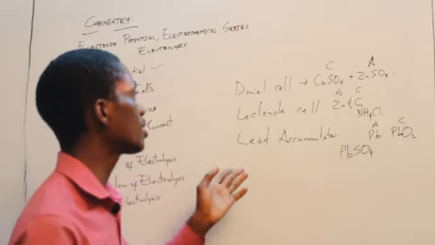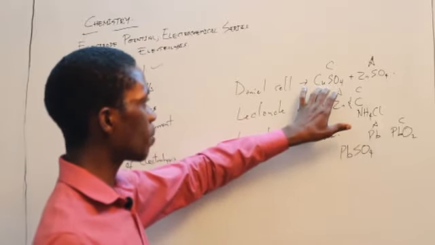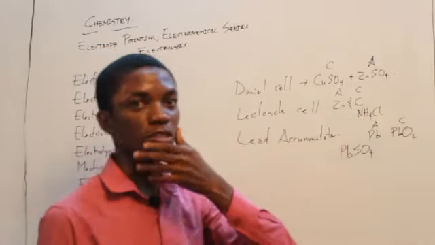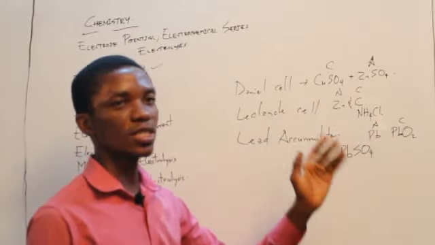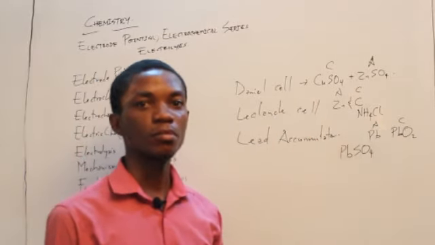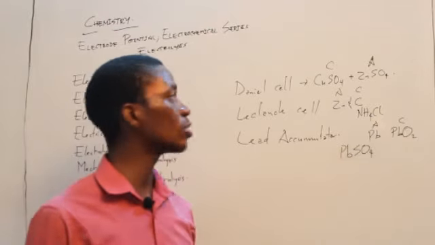Now in the Daniell cell, that's the one we have been discussing earlier, we have the copper tetraoxosulphate(VI) and the zinc tetraoxosulphate(VI). Inside the copper tetraoxosulphate(VI), we have a copper metal, a copper, that's the cathode.